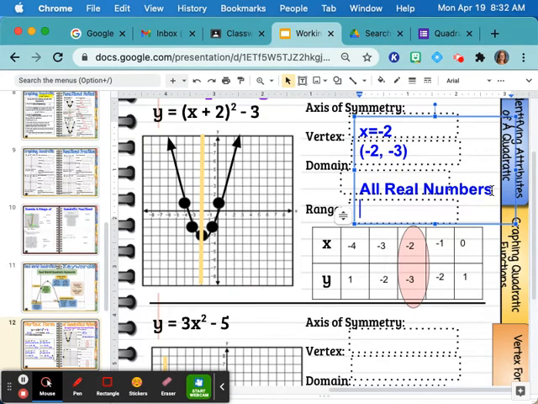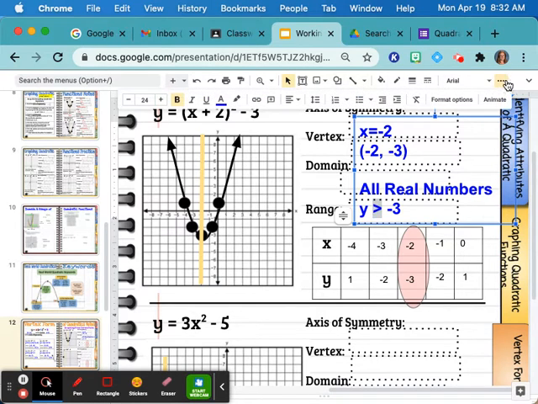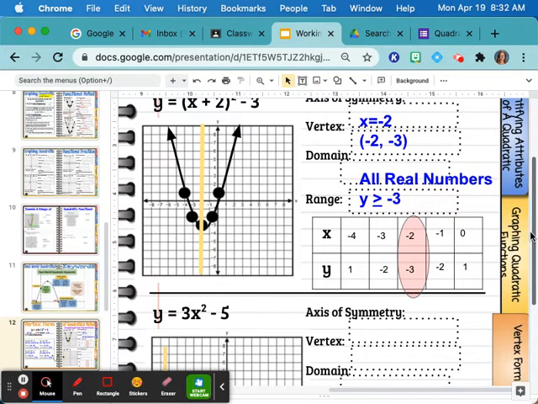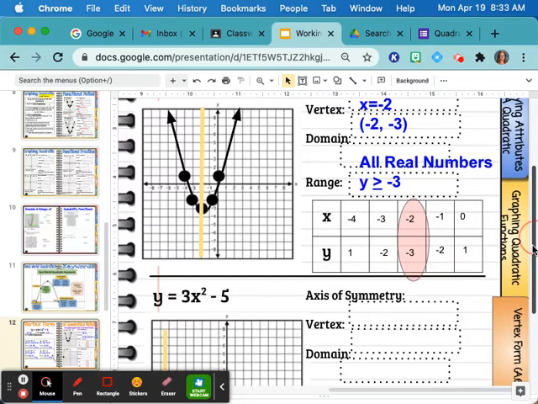So are the y values greater than or equal to, or less than or equal to -3? Greater than, yeah. And it's or equal to, so make sure to use the or equal to. Okay, let's go ahead and do the next one.